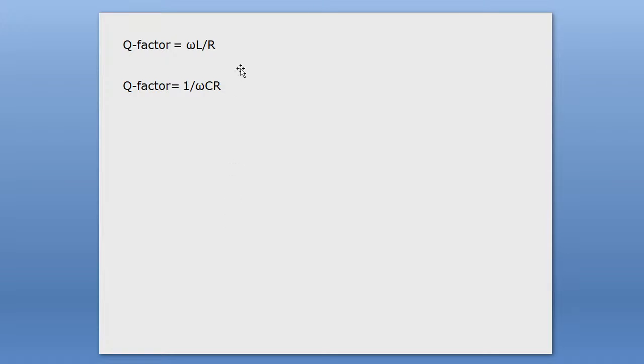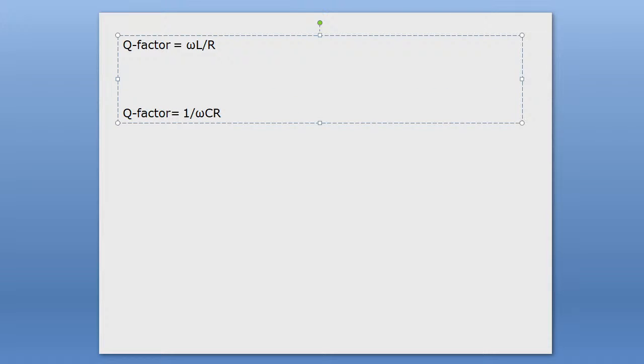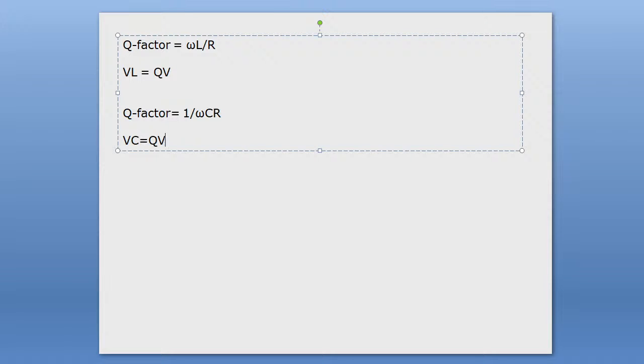You can write voltage drop across the inductor equal to Q factor into supply voltage, and the voltage drop across the capacitor is equal to Q factor into supply voltage.